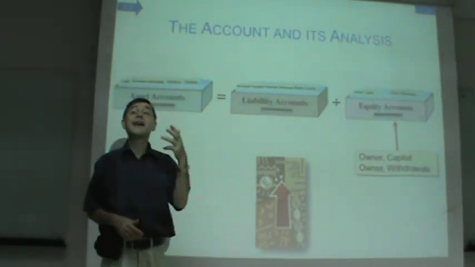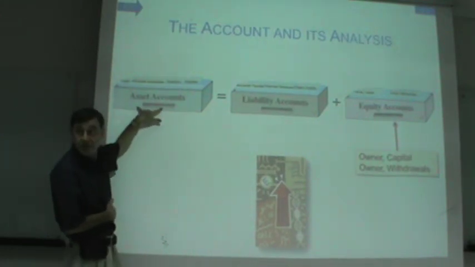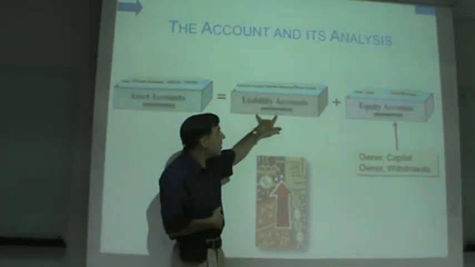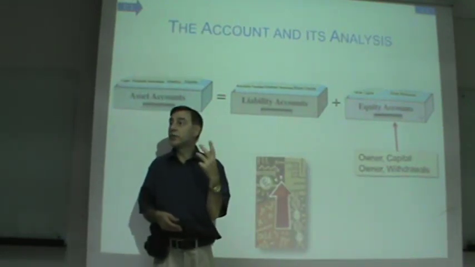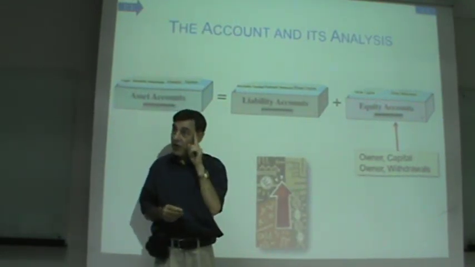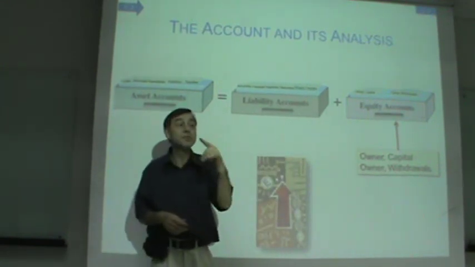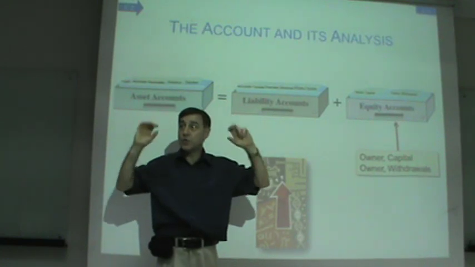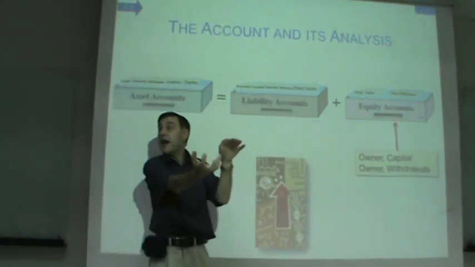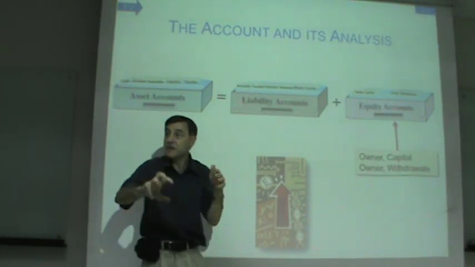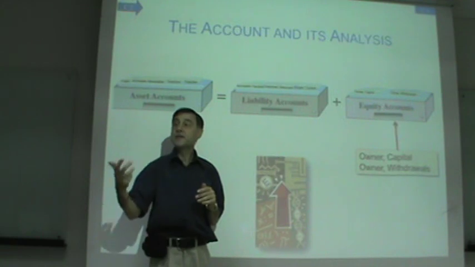So, accounts are, as we just explained, asset accounts, liability accounts, and equity accounts. We already studied and covered, and it's very important, the equity components. Remember from the previous chapter what affects equity? It's affected by investments, it's affected by withdrawals, it's affected by revenues, and it's affected by expenses.